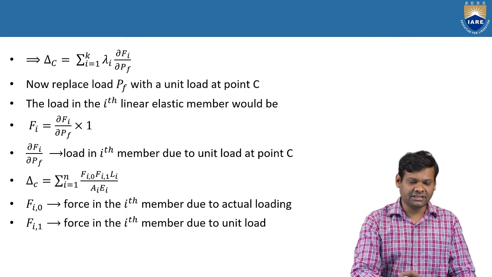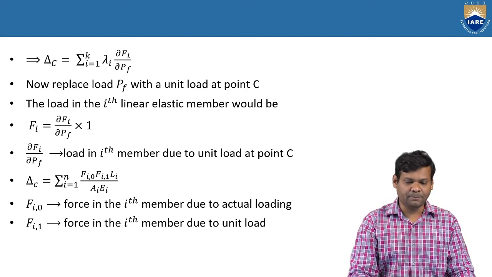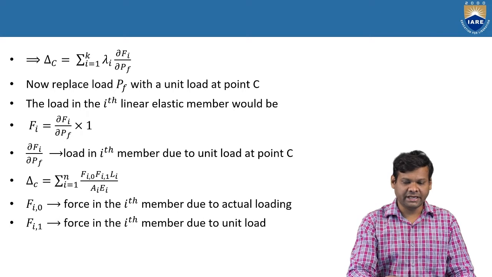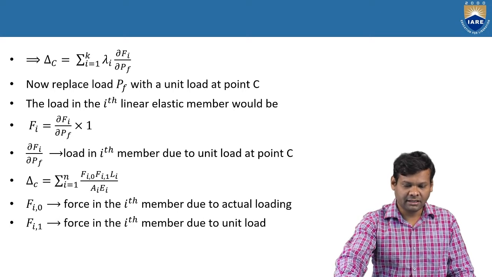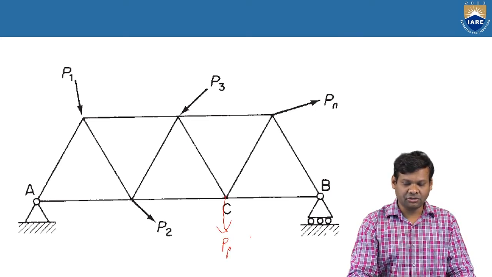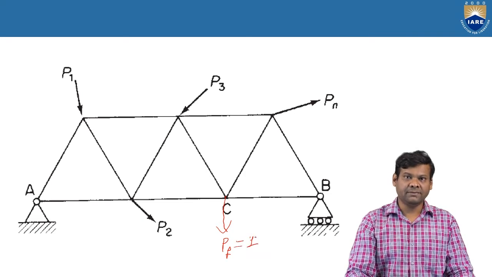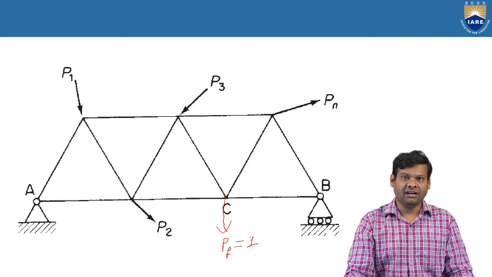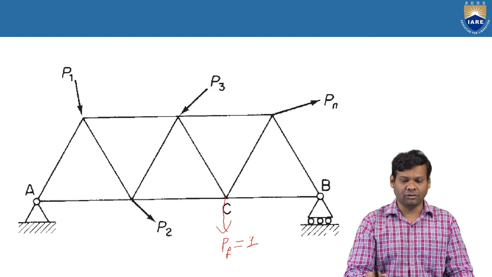Now what we do is replace the load P with a unit load at a point C. In the above diagram, we are applying a unit magnitude of load, Pf equal to 1. This unit magnitude might be 1 ton or 1 kg or whatever it might be, but it should be a unit load.